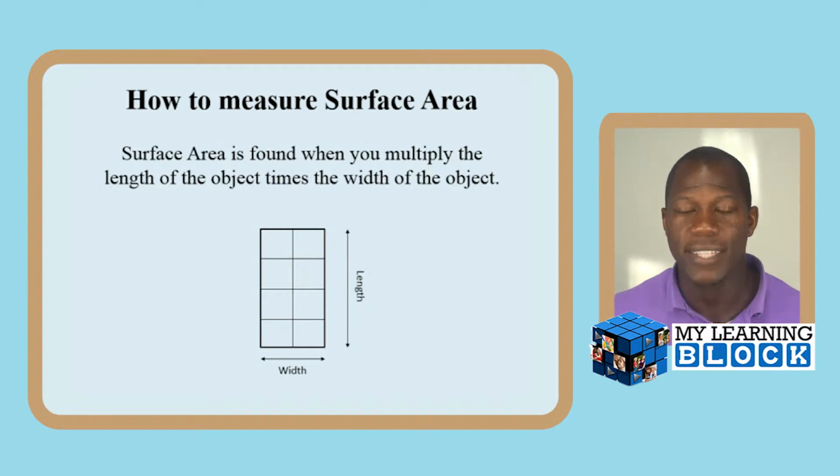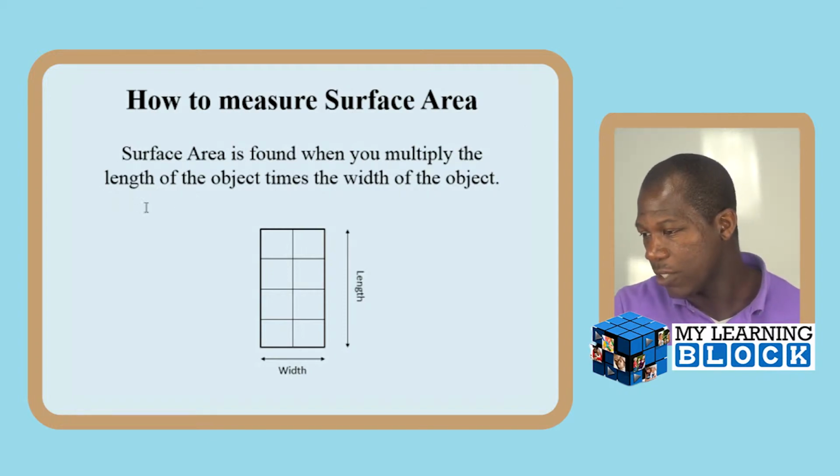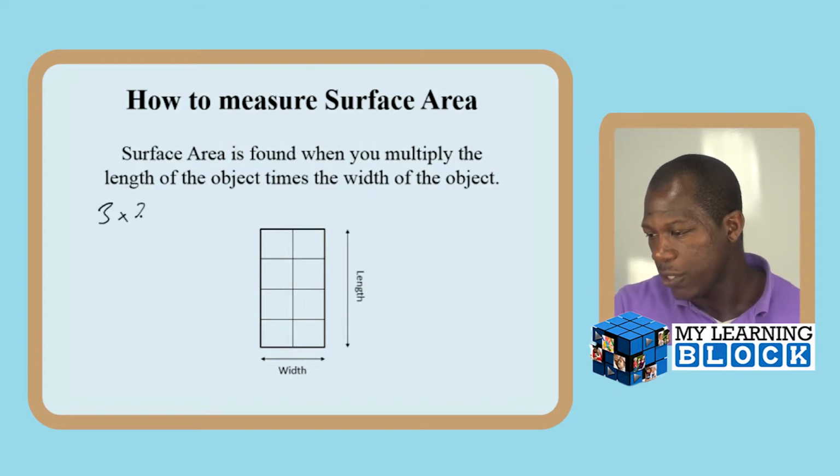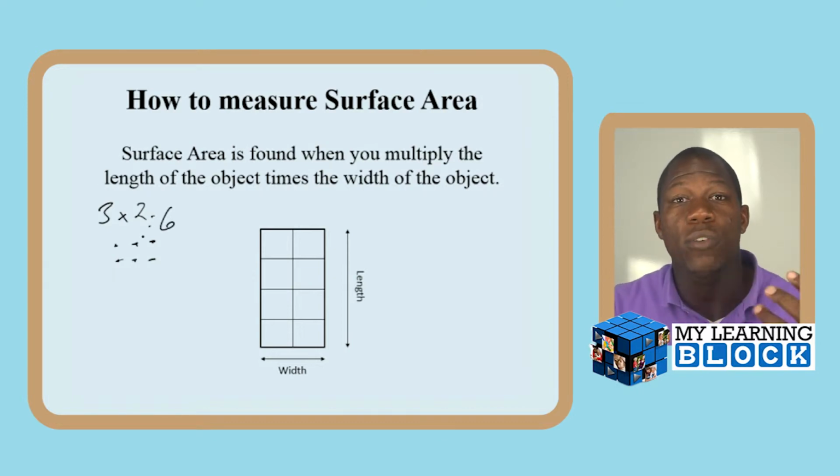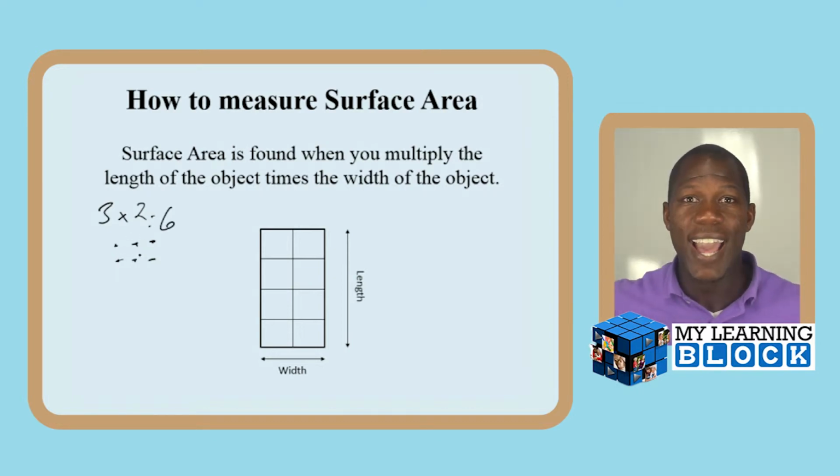They've learned arrays. You remember arrays, those are the things where if you have 3 times 2, they do 3 rows and 2 columns, and then they add up the dots and they find out that is 6, right? Remember those arrays? Well, these are rectangular arrays.